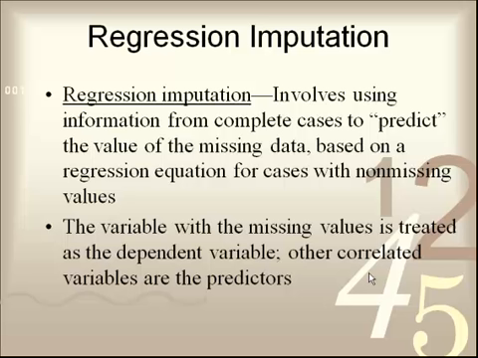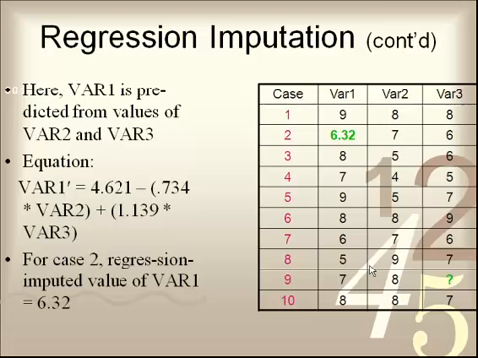The variable that has the missing values is treated like a dependent variable. So all the other correlated variables become predictors. And again, you really have to have a good working knowledge of regression imputation to be able to do this. So here, variable 1, as we have here in case 2, is the predicted values of variable 2 and variable 3.